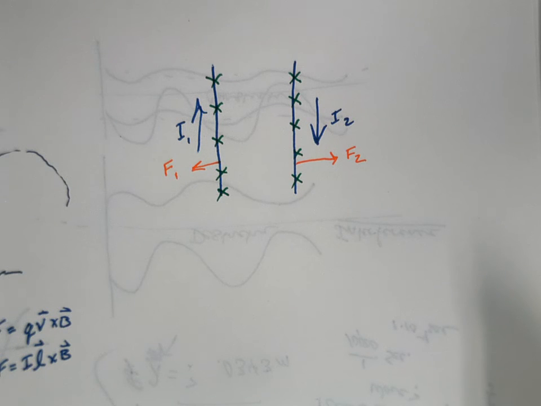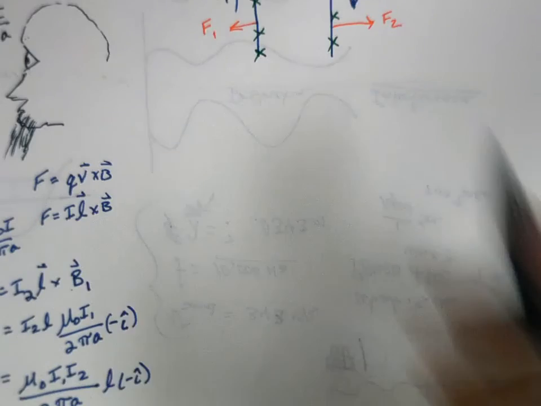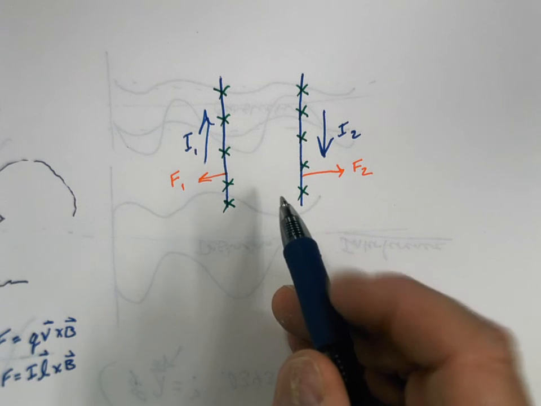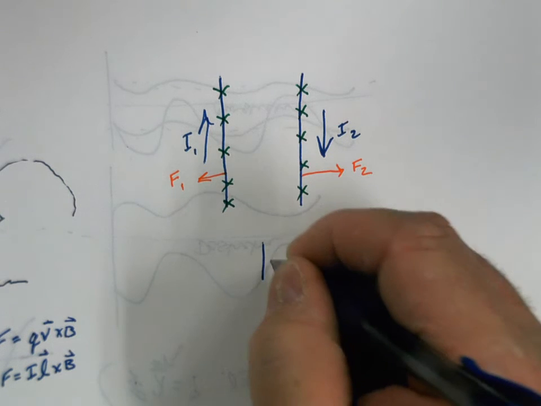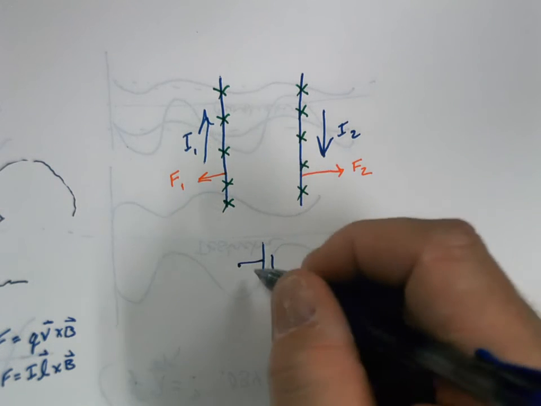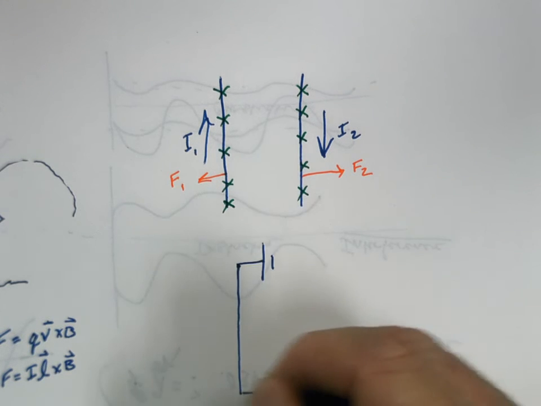Okay. Now, just an aside, imagine these are in an actual circuit. How do we get this situation in an actual circuit? With a battery. So let's hook up a battery. We go this way, and then that's opposite. They'll both be opposite, but work with me here.